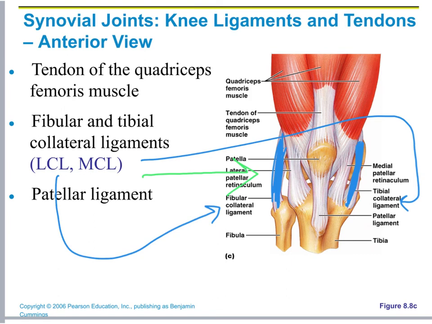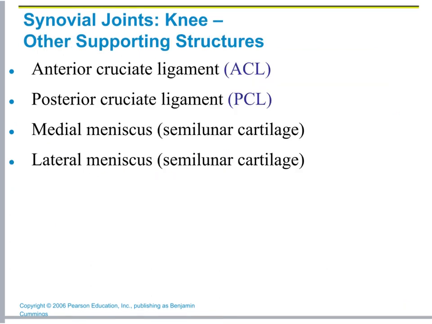There's just space. So what happens is the MCL often gets stretched and often tears. So let's put a little asterisk here by the MCL. Similarly, of these two ligaments, the ACL and the PCL, the ACL is the one that's more often damaged.